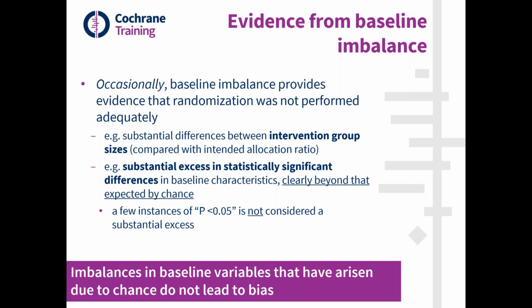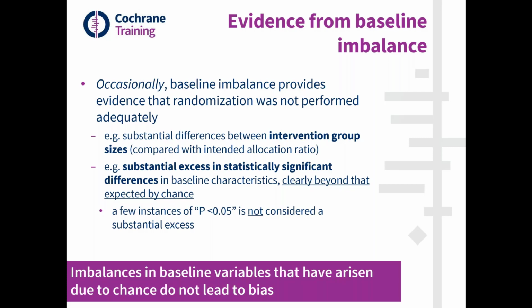Another thing to mention is, although I'm telling you about looking at baseline imbalances, it might also be a cause for concern if there's excessive similarity in baseline characteristics between groups, which again is not compatible with chance.